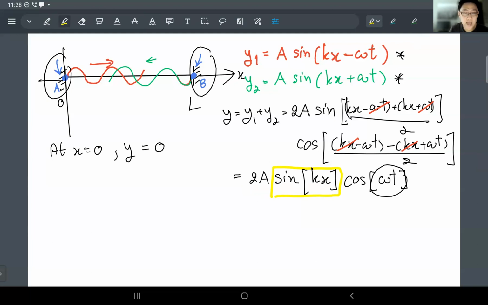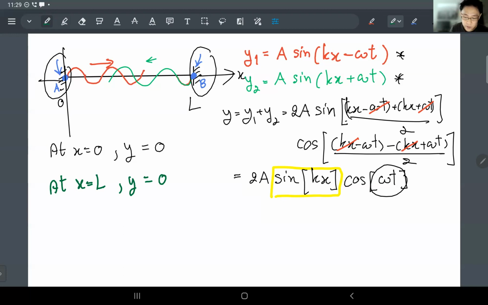But from the look of it, when you substitute x equal to 0, it's fine. Sine 0 is 0. So this is good. So this one is gone. Try another condition there. At B, x equal to L, y must also be 0. Whoa.